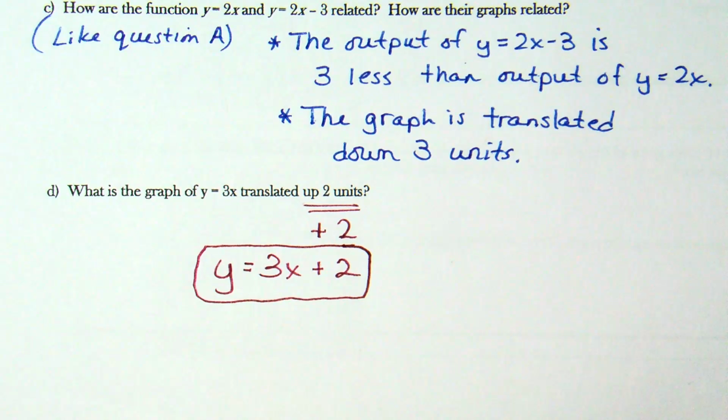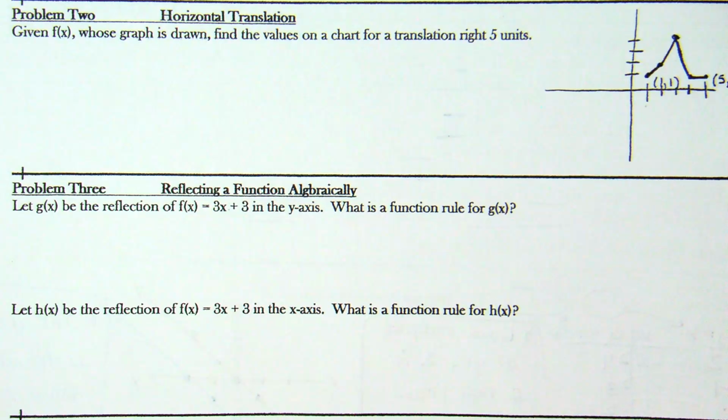Okay. Several things to look at on the back. Horizontal translation here. Okay, horizontal means we are talking about left to right, yes. Given f of x, whose graph is drawn, find the values on a chart for a translation, right 5 units.